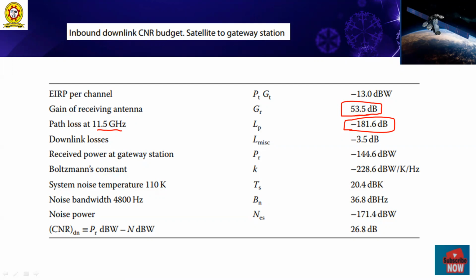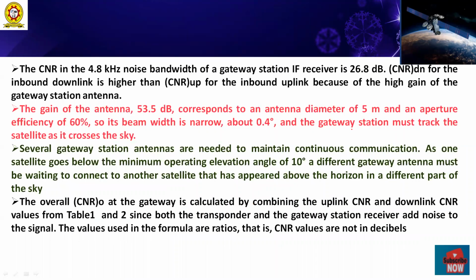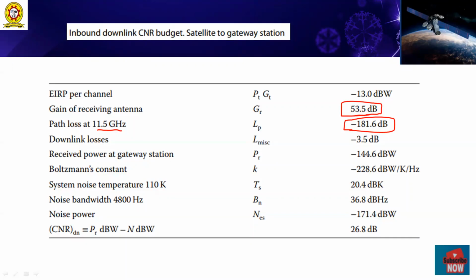That equals 30 dB C by N. In this way, we have to configure the downlink power budget for the satellite to gateway stations.